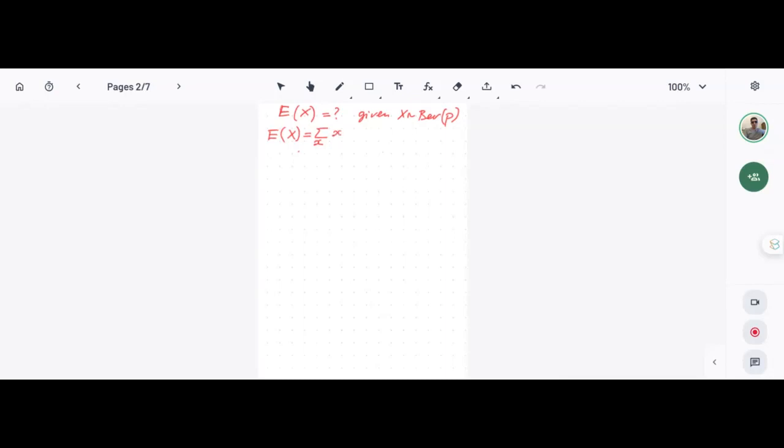So x times the probability that random variable X equals x. This is the generic formula. And because of that, what is the first value that x can take? That is 0, right? So we can say 0 times, what is the probability of 0? It's equal to 1 minus p, right?